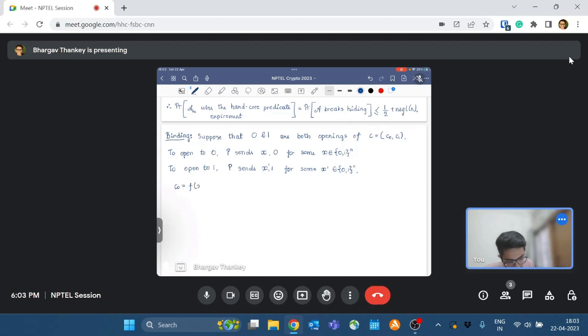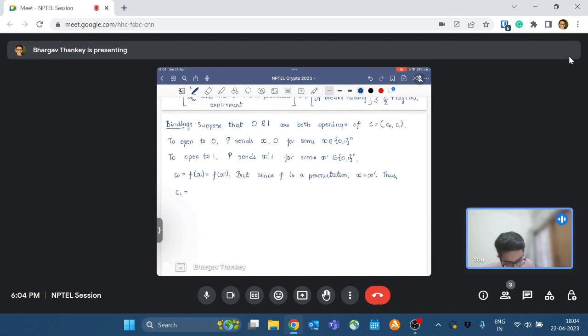But since f is a one-way permutation, therefore it's a permutation, this implies x equals x prime. So C1 is equal to 0 XORed with HC of x, which is equal to 1 XORed with HC of x. And this implies that 0 equals 1, which is a contradiction.